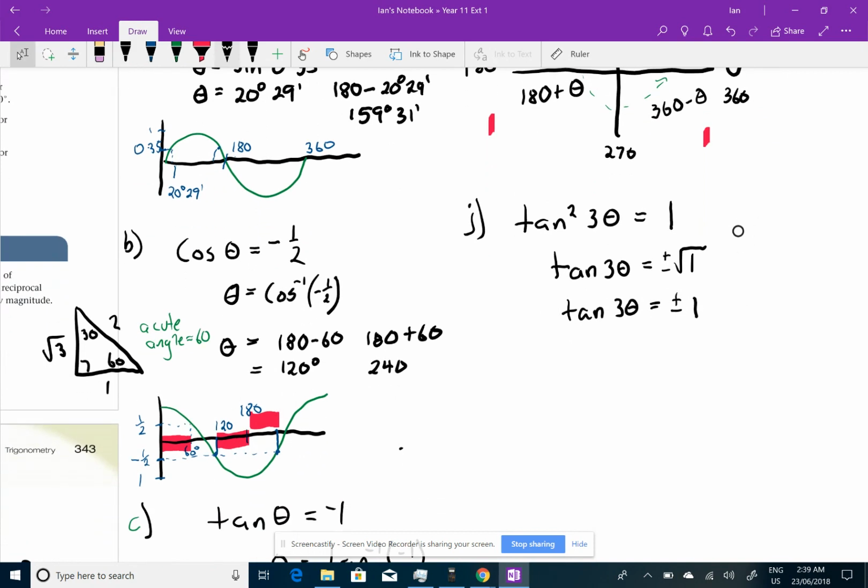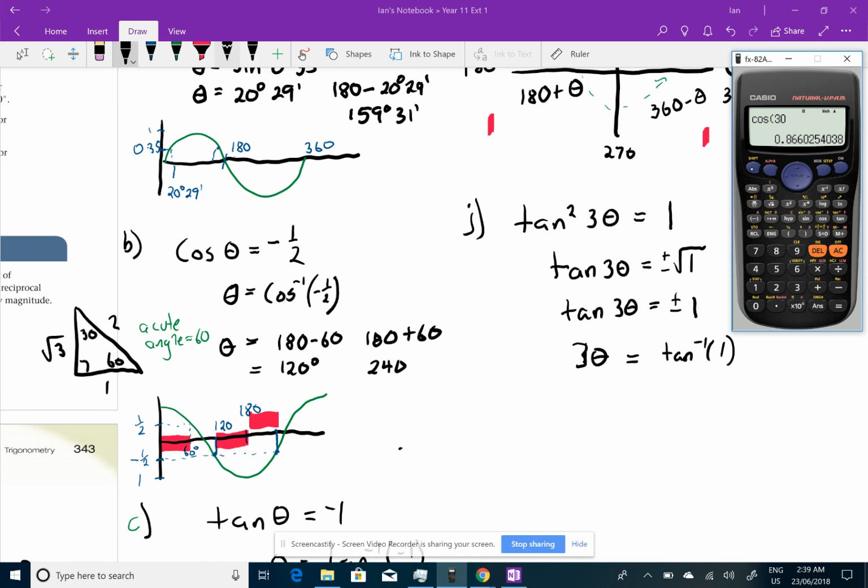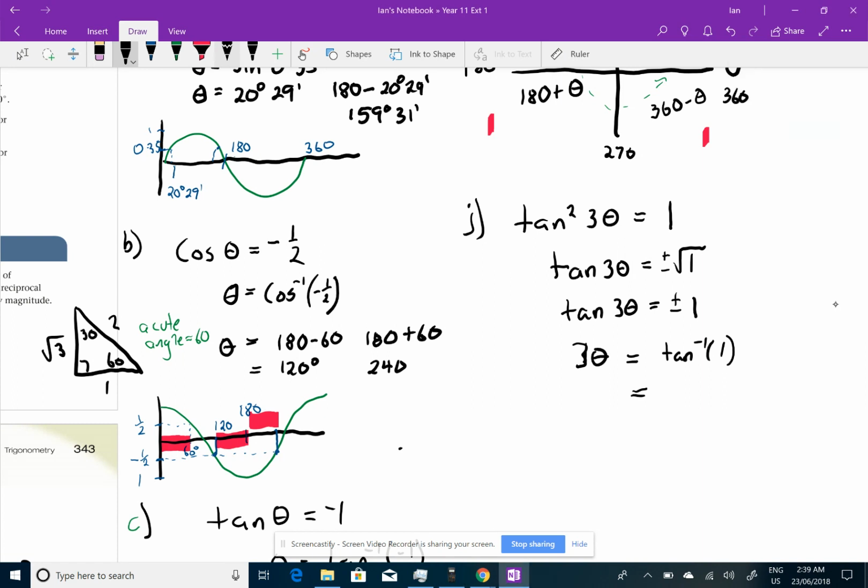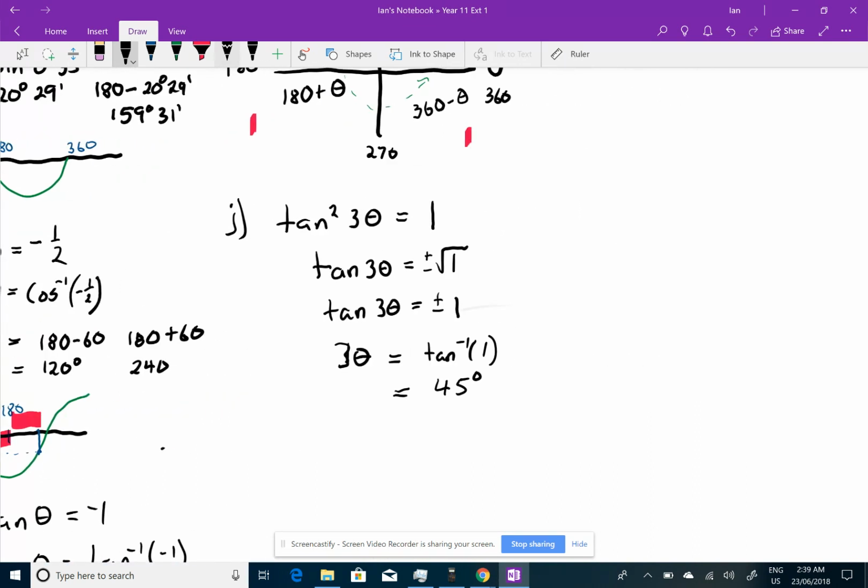If I go inverse tan now to get rid of that tan, I just take the positive 1, because it's going to give me the acute angle. I go to my calculator, shift tan of 1, and get 45. So the acute angle is 45. But I know there are lots more.